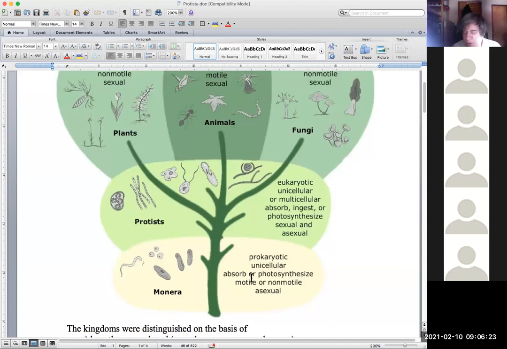They digest the food, but they digest it outside the cell, and then they absorb the nutrients. You've witnessed this if you've ever picked up a piece of moldy bread or moldy fruit, and you've seen how mushy it is. Mold is a fungus, but fungi absorb their nutrients. And there are some bacteria that are photosynthetic.